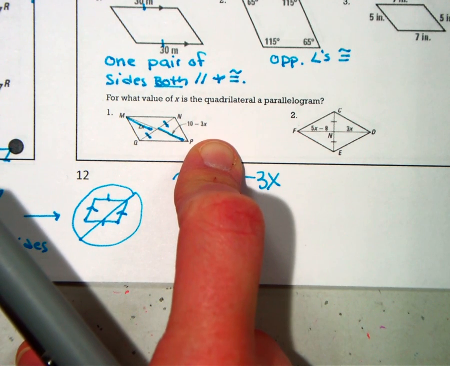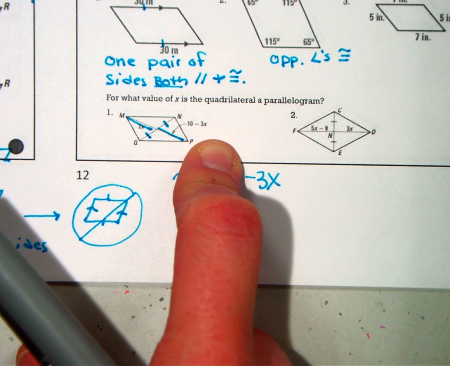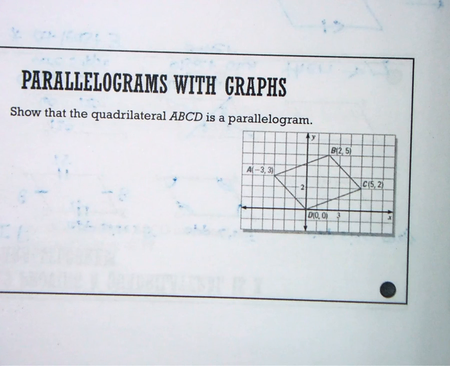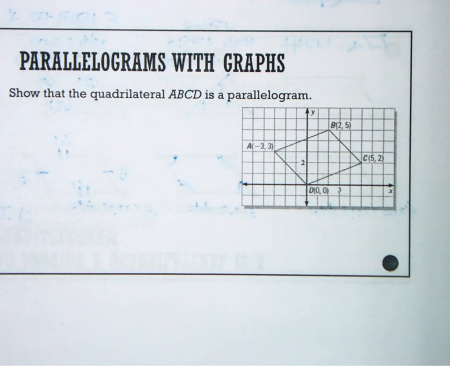Okay, let's look at the very last type, which is on the back here. You need to show me that this thing is a parallelogram.